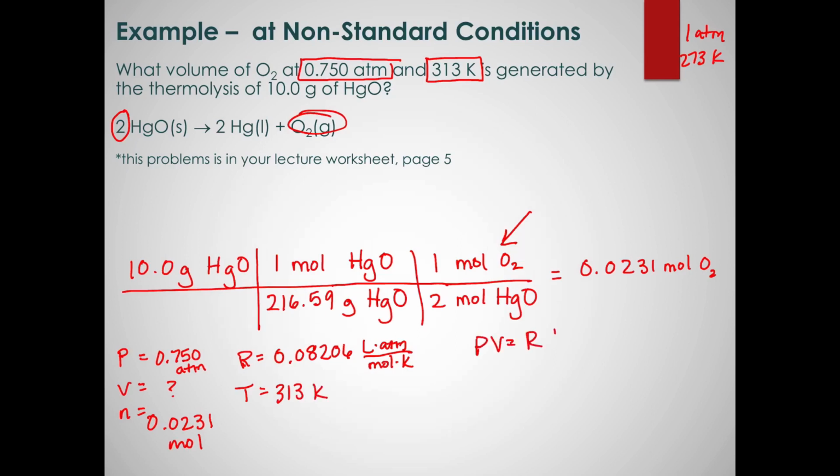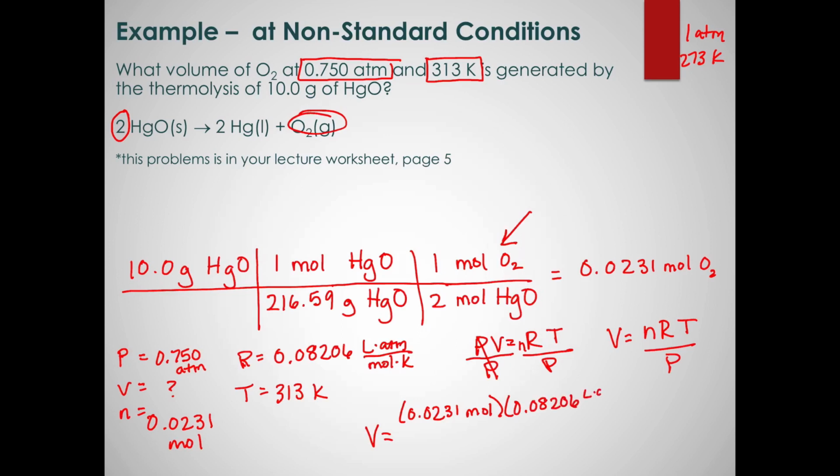So we have PV equals nRT. We will rearrange to solve for our volume, so we'll divide both sides by pressure. So we get volume is equal to nRT over P. Now we can plug in all of our variables. So 0.0231 moles. R is 0.08206 liters atmospheres over moles Kelvin.